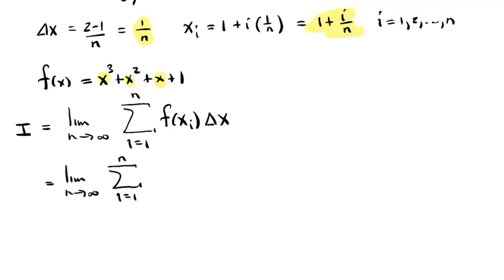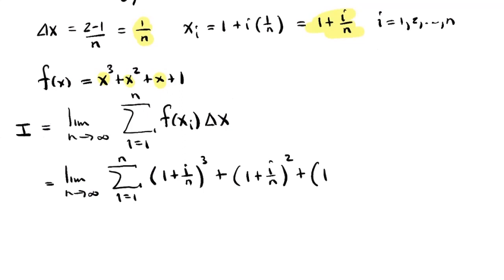But everywhere I see an x, I have to put a 1 plus i over n, pardon me. So I have to cube that. I have to square that. I have to take it to its first power. And then I have to add 1. That's my f of x sub i, and all of that has to get multiplied by delta x, 1 over n.